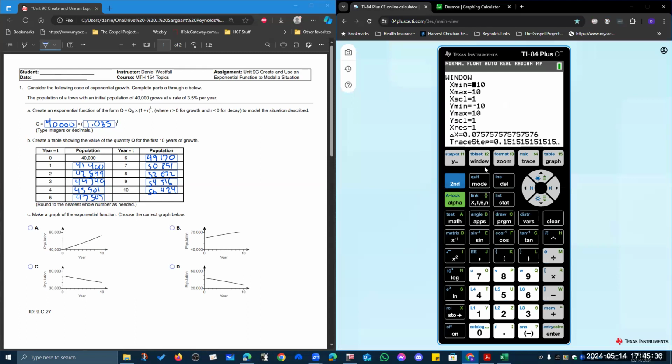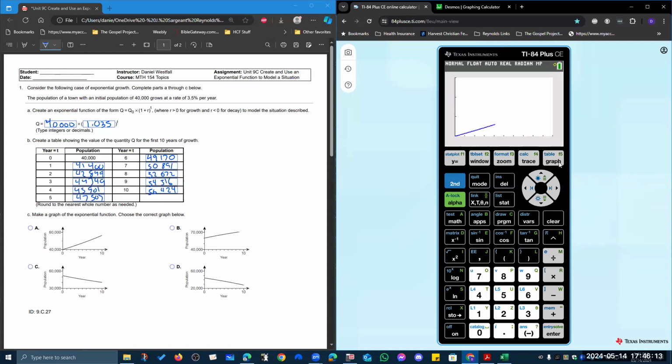So window is going to go 0 to 10 by ones. Y min is 40,000, Y max is 70,000, and my scale looks like 10,000s on Y, because there's a 30,000 gap between 70,000 and 40,000, and there's 3 tick marks there.